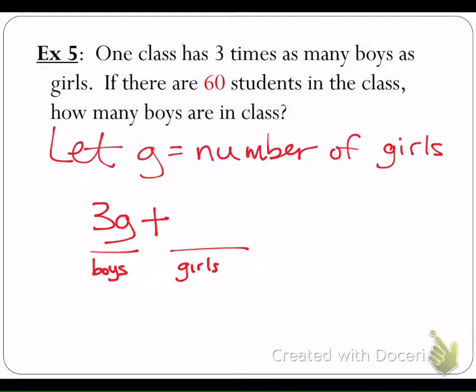What did I just say I'm calling the number of girls? G. It's not in my equation though. And how many are there total? 60. Good. So we could have done this in terms of boys too. We just would have had a fraction.